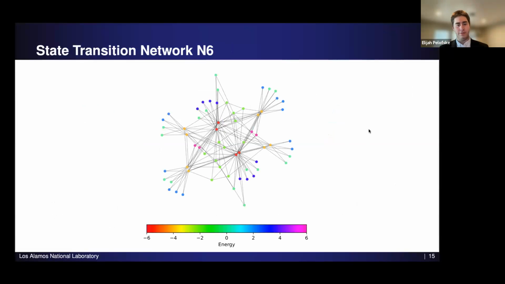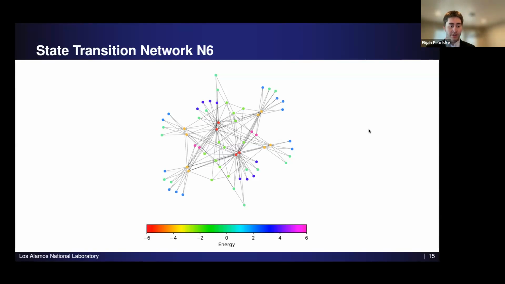Something else that I did was look at all of the data in aggregate and try to figure out, across all of these state transitions, what's the most likely, the most measured transition that occurred for each node. And so here for the N6 Ising, I'm plotting just a graph with 64 nodes, and then I'm drawing edges between those nodes based on what states transition to what other states.